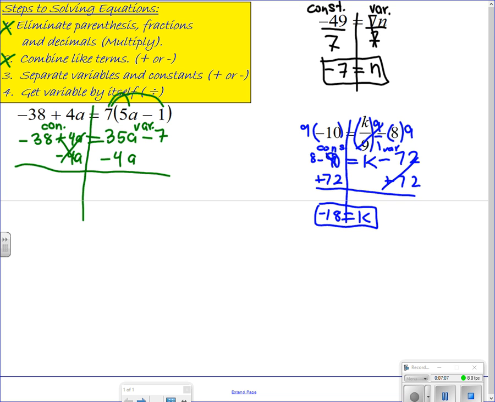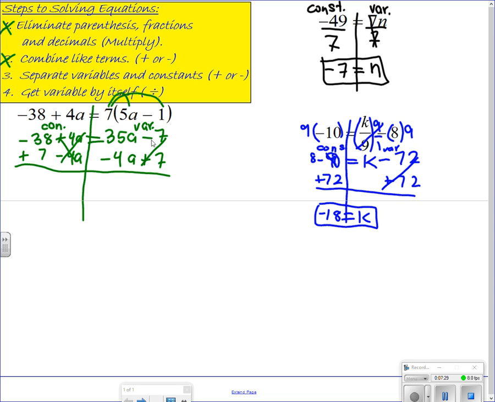These will cancel. Constant means numbers only. Is that a number? Yes. Variable means letters. Do all of these have a letter? He does not have a letter. Get rid of it. The opposite of negative 7 will be plus 7. What you do to one side, you must do it to the other.